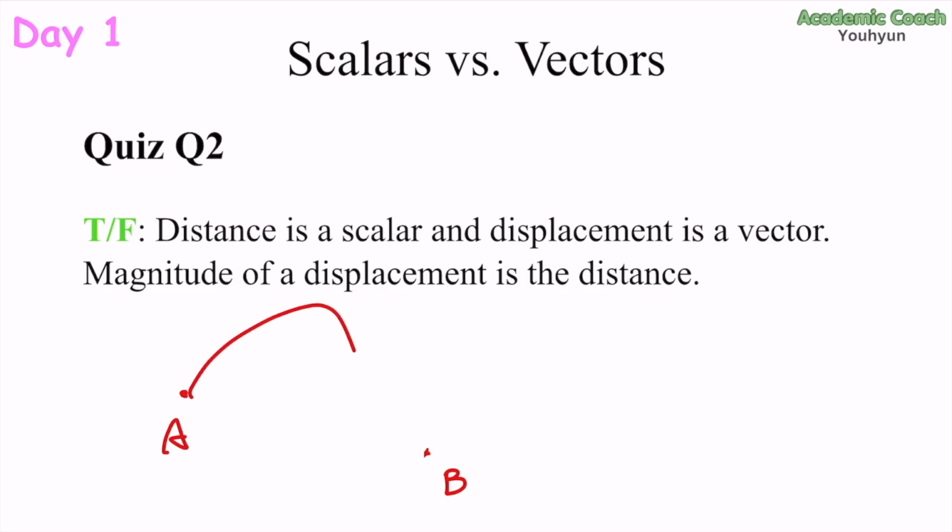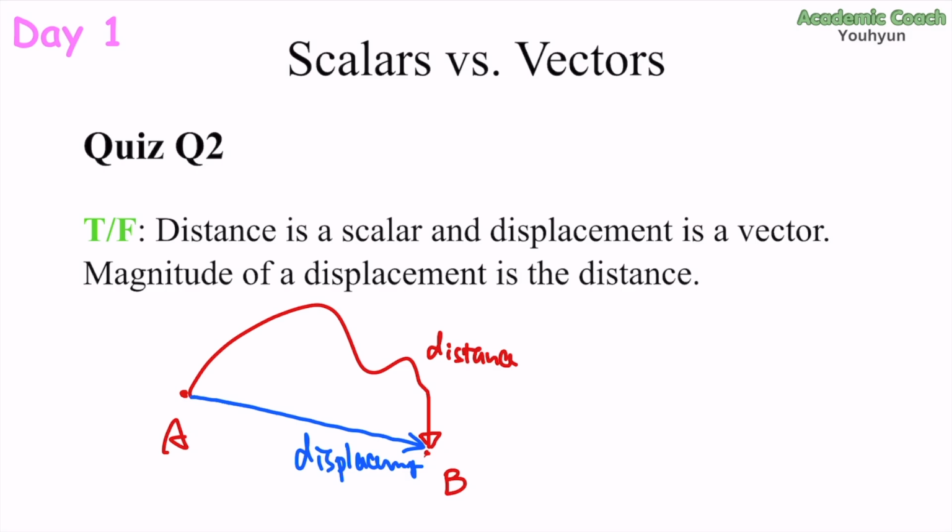Let's say I'm going to follow this path to go from point A to B. Then the length of this red line segment would be the distance, while the displacement will be represented by a straight line from A to B. So the magnitude of the displacement would be this blue line, while the distance is the red line. So obviously, they are not the same. Again, the answer is false.